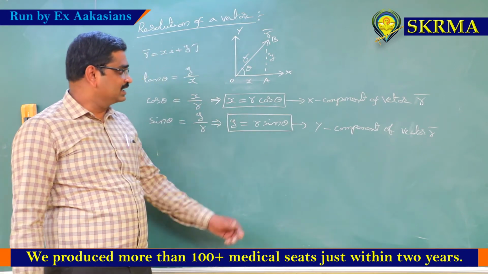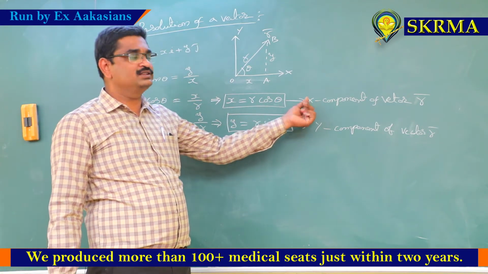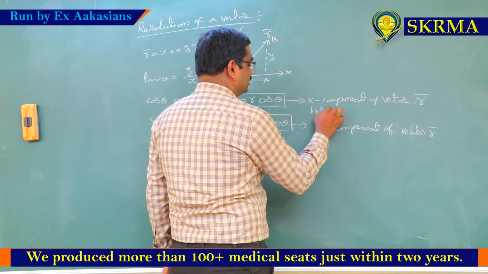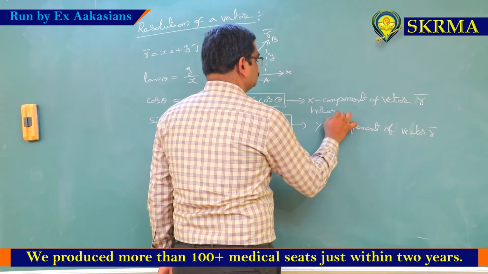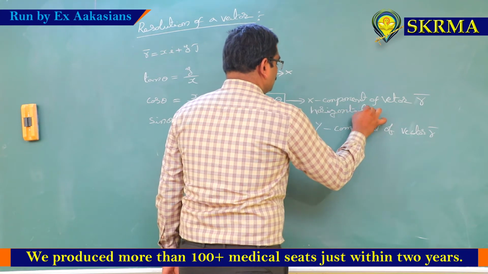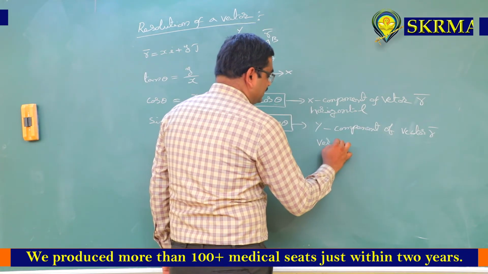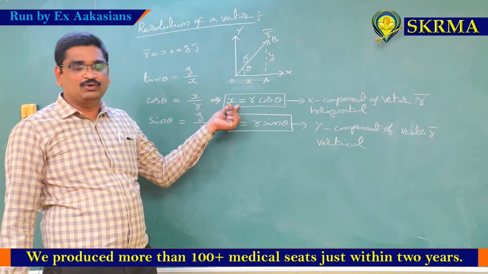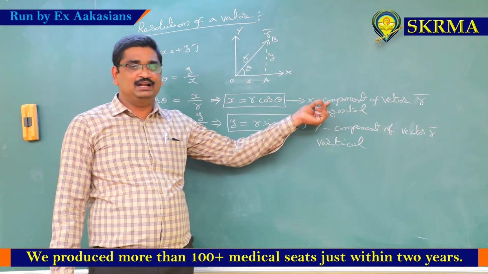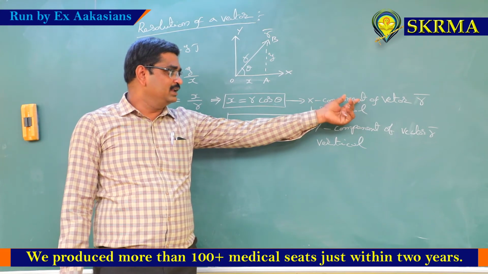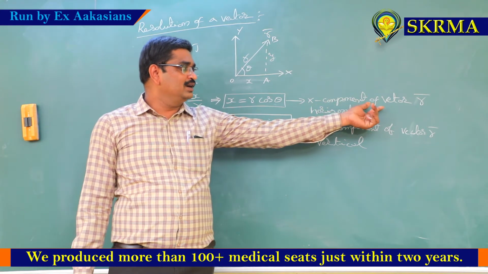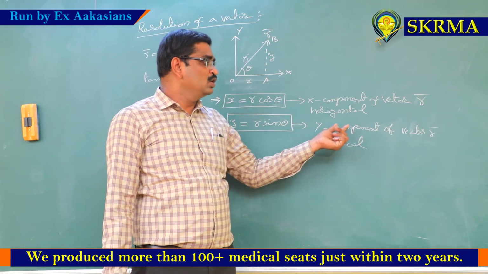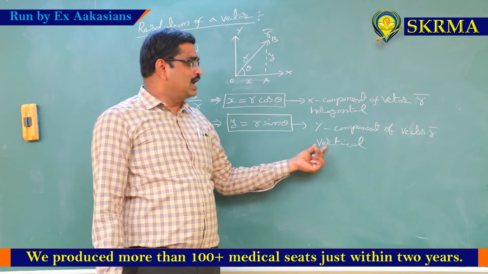Sometimes we can call the x component the horizontal component also. This is called vertical. So x equals r cos theta is called the x component of the vector or the horizontal component of vector r. And y equals r sin theta is called the y component of that vector or the vertical component of that vector.